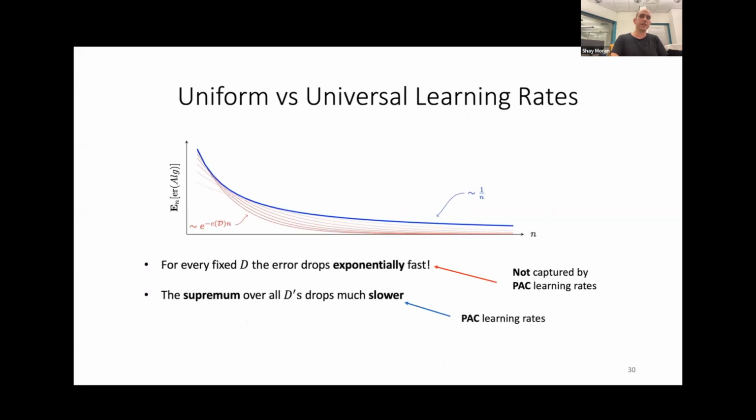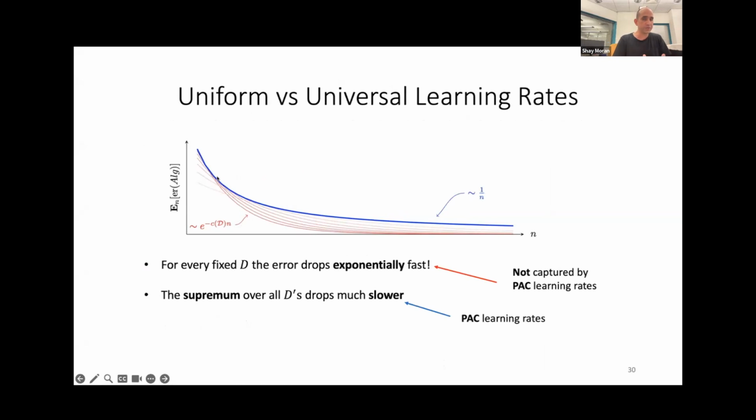So pictorially, what we will soon see is that really the R of n from PAC learning is the upper envelope of the distribution-dependent learning curve.